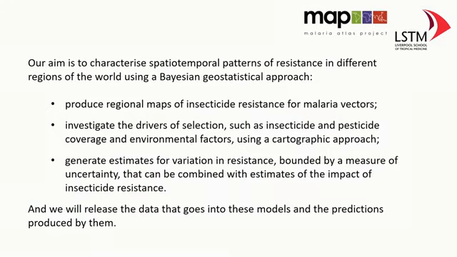And then importantly, when it comes to providing outputs that can feed into models and work on the impact of resistance, the outputs from this particular model won't simply be an estimate of resistance at a particular place. They will be a posterior distribution of estimates, and so we can then provide measures of uncertainty that can feed through to other models.